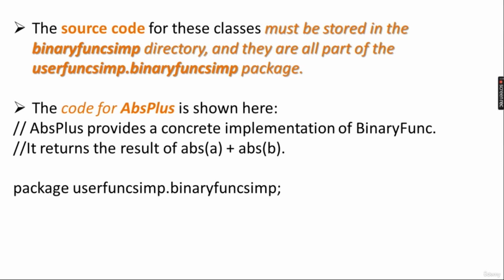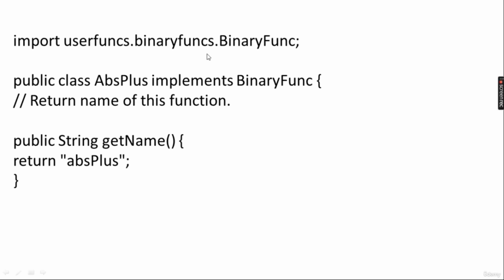Package user.functions.implementation.binaryfunctions implementation. In that we are importing the user.functions.binaryfunctions.BinaryFunction package. Public class AbsPlus implements BinaryFunction. When it is implementing this interface, which methods does it have to implement? First is getName and second is func.